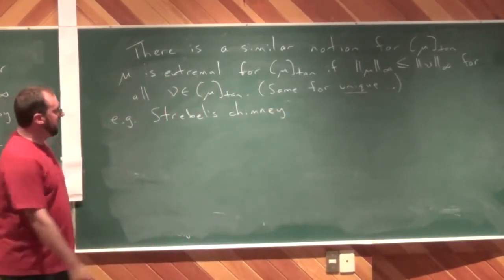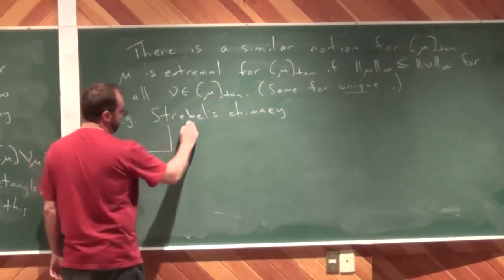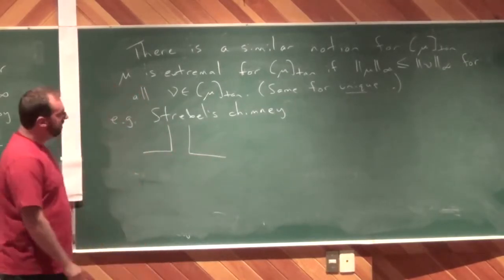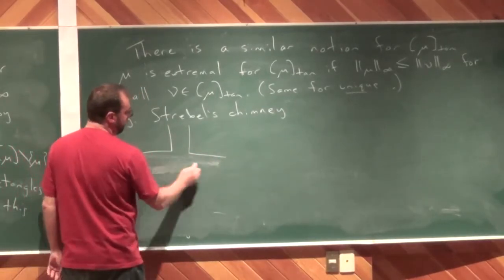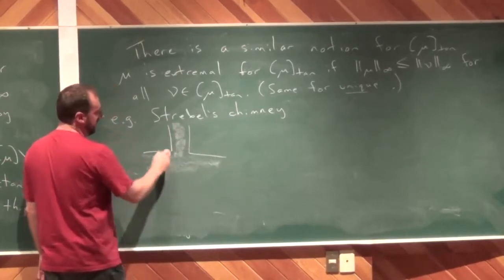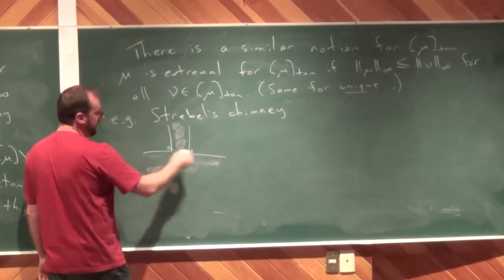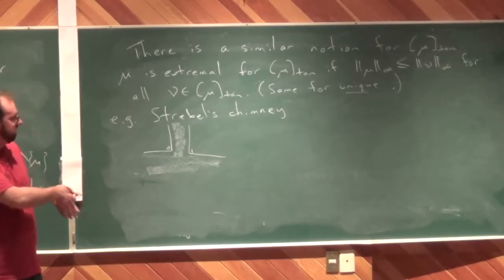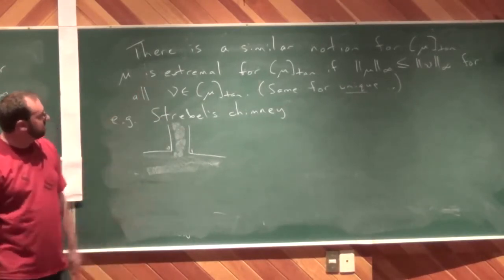And the example that Strebel gave is called Strebel's chimney. So this is the union of the lower half plane with a cylinder here, and on the x-axis that's between x equals 0 and x equals 1, and then it goes up like this.